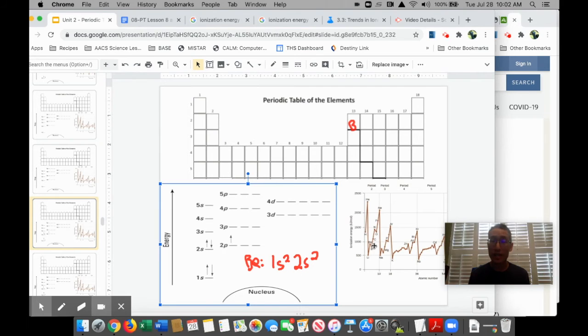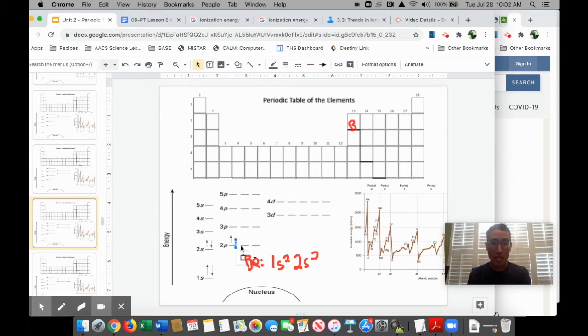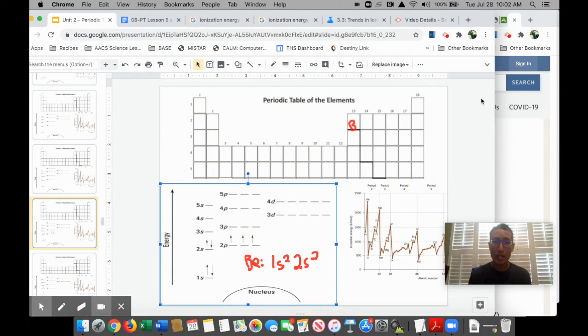But we don't see that. Instead we see electrons going into this area here, and another one going into here, right? And so these get filled in, and that causes this little rise in energy here.